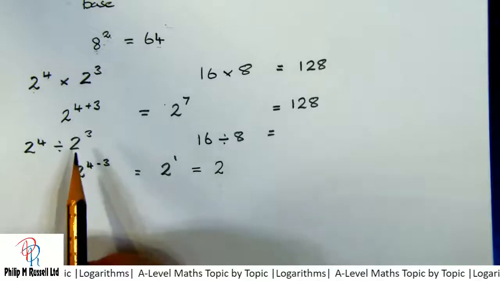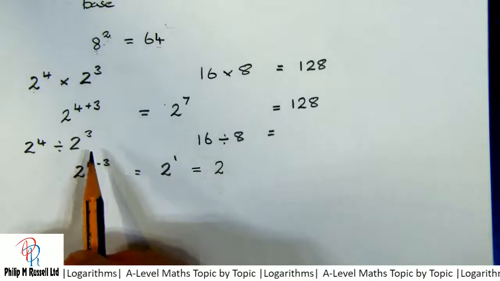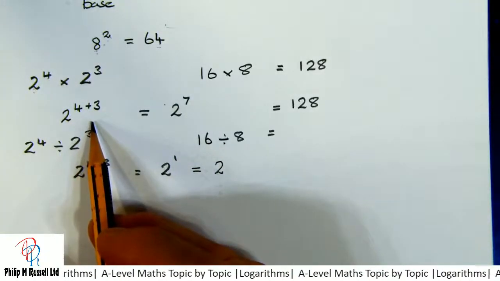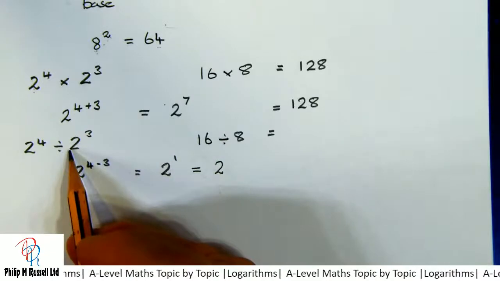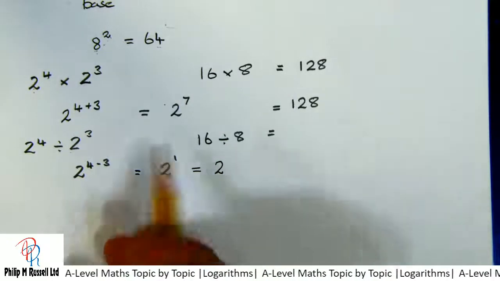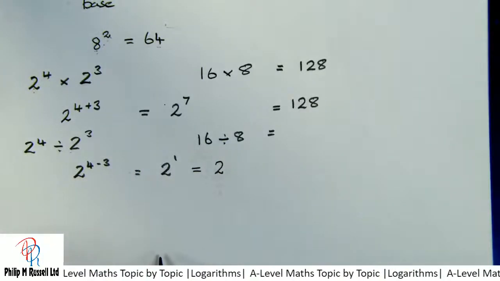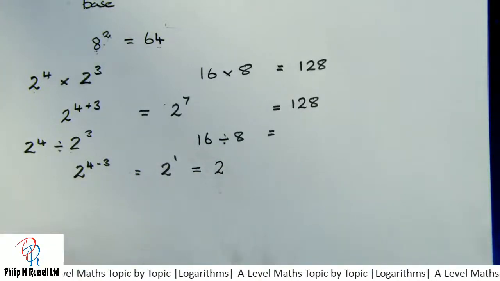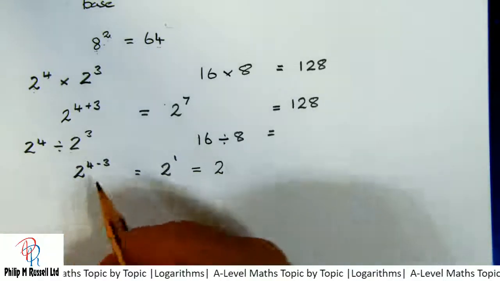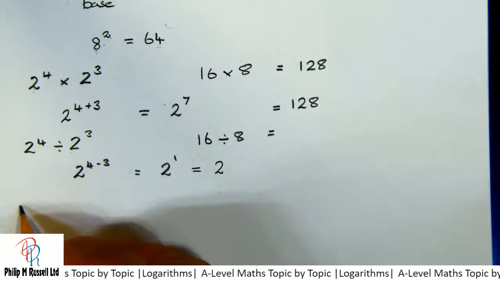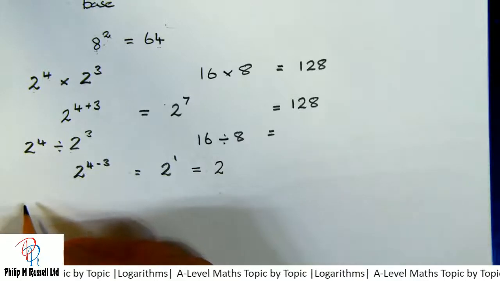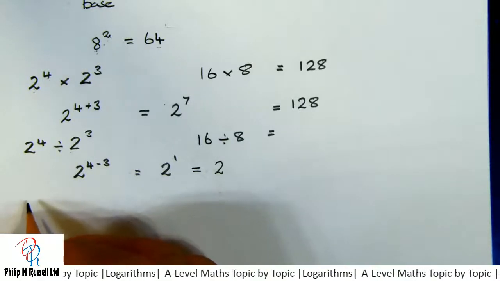Now, when we use the powers, we've changed a multiplication problem into an addition problem. When we've done a division problem, we've changed that into a subtraction problem. And this is why it was used historically, because these were invented by a couple of different people. There was a guy called John Napier, and he made Napierian logarithms, and he lived around about 1600.